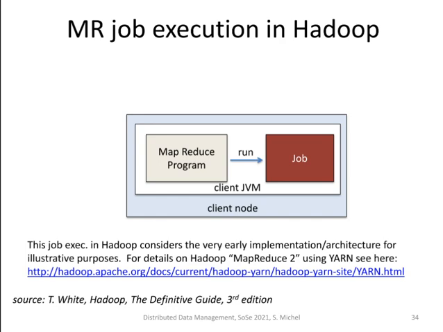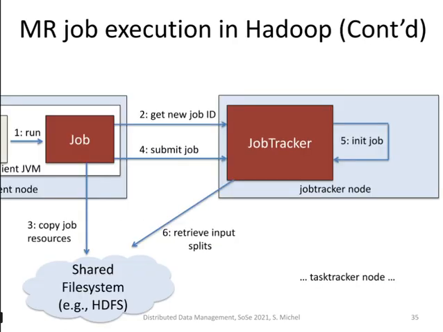So how does the job execution work? Well, first of all, you have to implement your map and reduce functions in the APIs that Hadoop is providing. And then you're starting a so-called job on your local virtual machine. And then this job would contact the so-called job tracker node that would start this job in the MapReduce cluster.